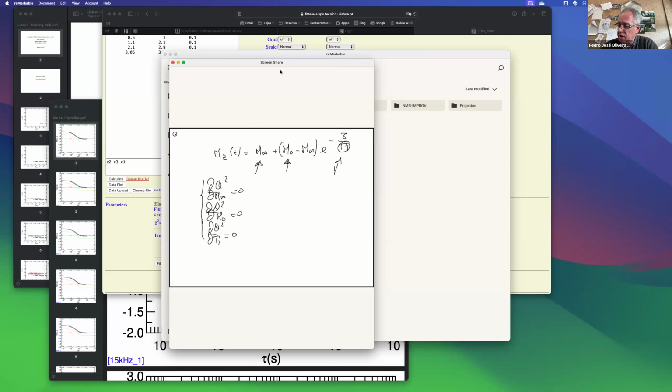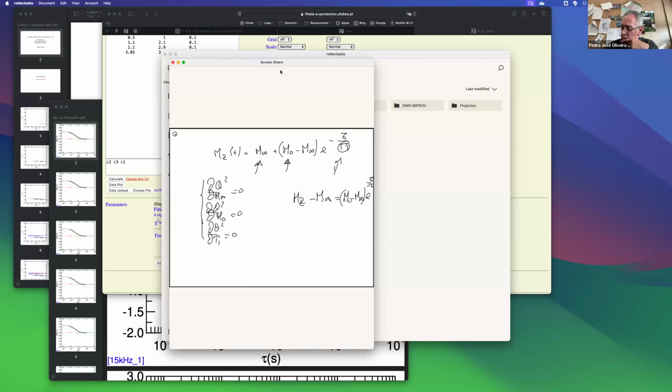Sometimes for this particular type of expression, there is a way around. You might have found that, or someone might have explained that to you. Because you can say, well, what happens if I actually know the M-infinity? Well, in that case, I can use a trick. I can make Mz minus M-infinity, and this will be M0 minus M-infinity exponential minus t over T1.